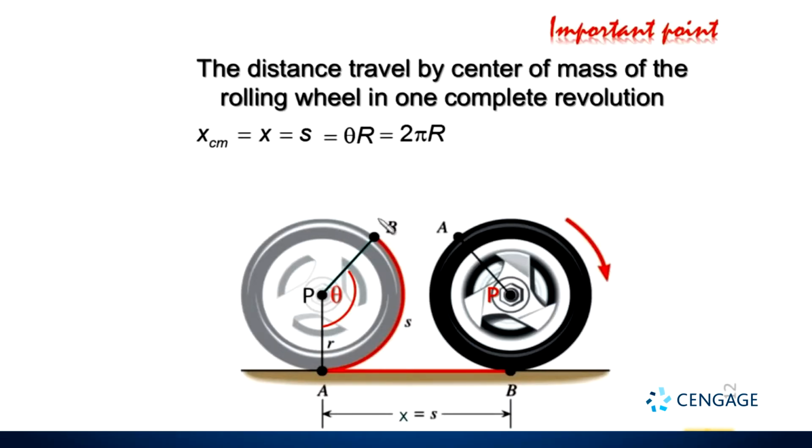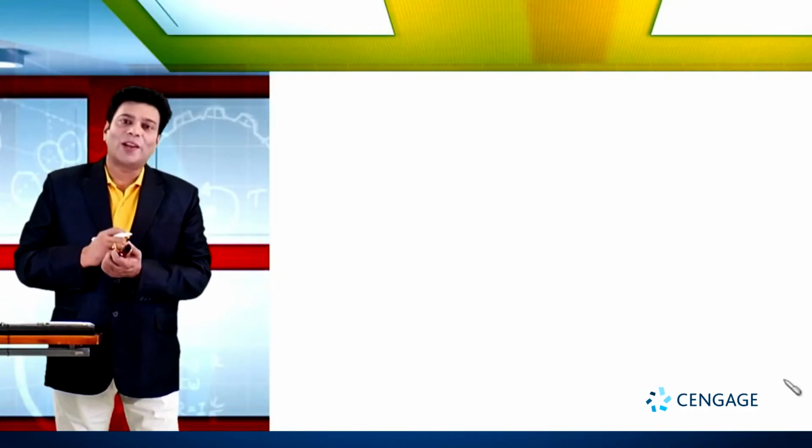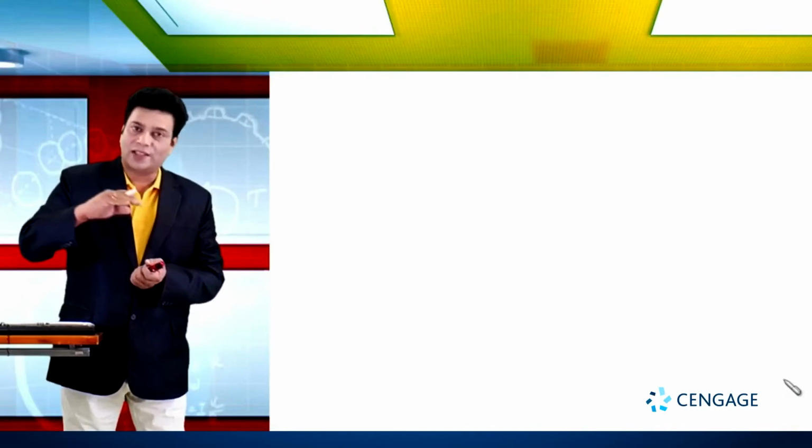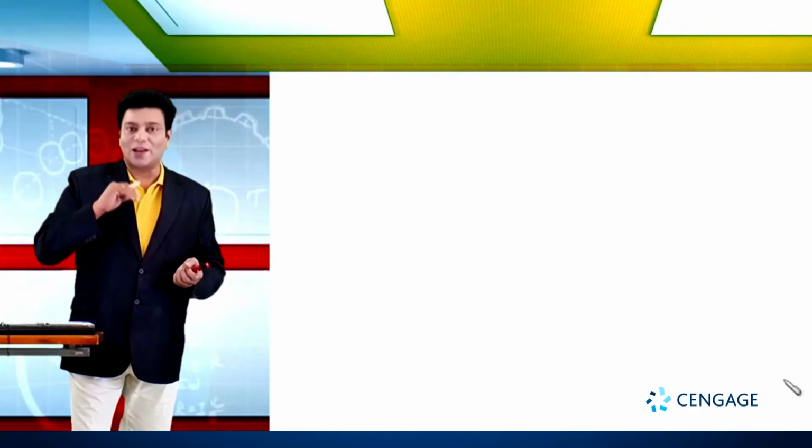So in one complete rotation of the wheel in pure rolling, the center of mass translates by a distance equal to the circumference of the wheel, that is 2 pi r, correct? So up to this point, we analyzed the cases of pure rolling on a horizontal fixed surface, that is, the object is having pure rolling on the horizontal fixed surface.